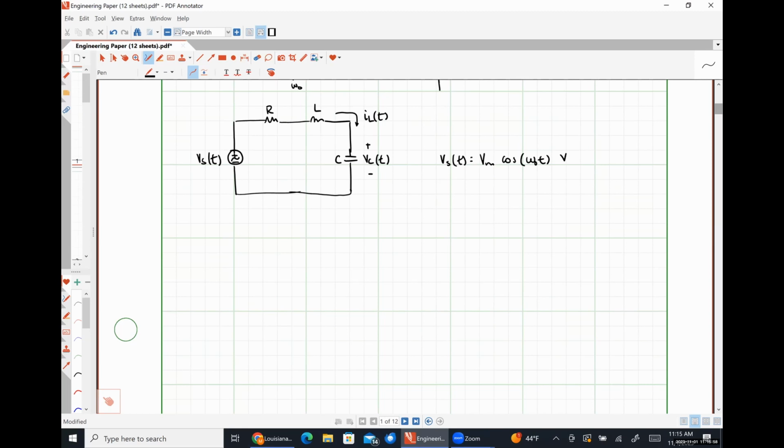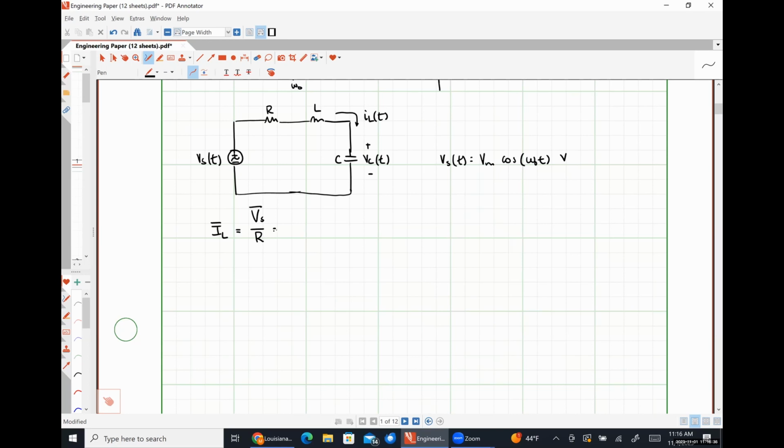So let's start by figuring out what the inductor is doing. At resonance, what should our current look like? In the frequency domain, our current IL should just be our phasor voltage Vs divided by R, because we know that at resonance this impedance and this impedance cancel each other out.